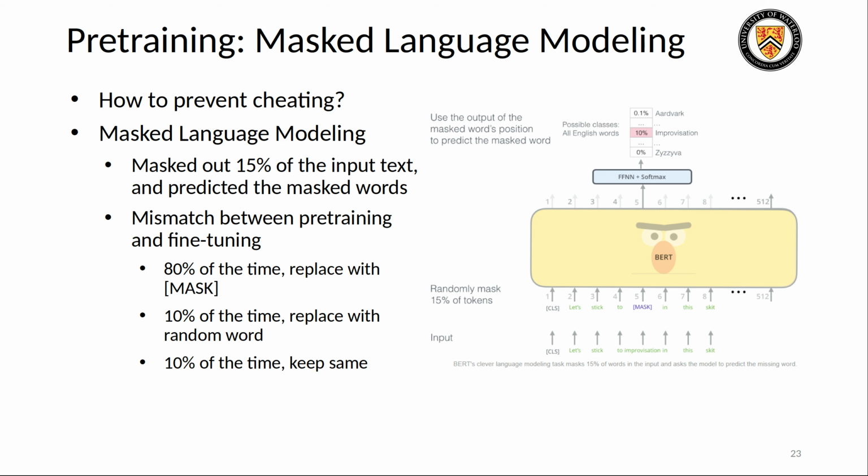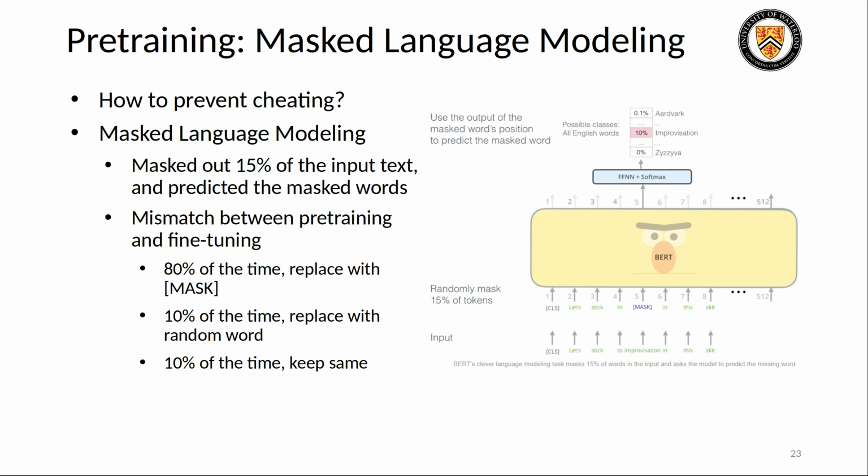The traditional approach to language modeling is to predict the next word in a sequence given the previous words. While this approach works well for unidirectional language models, it is not suitable for bidirectional models like BERT, because conditioning on the future words would result in data leakage during pre-training.